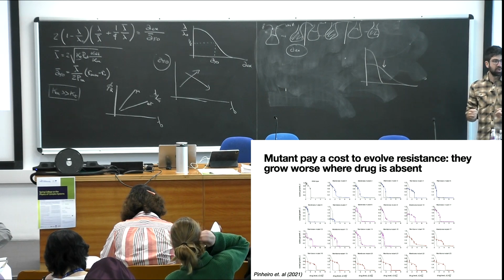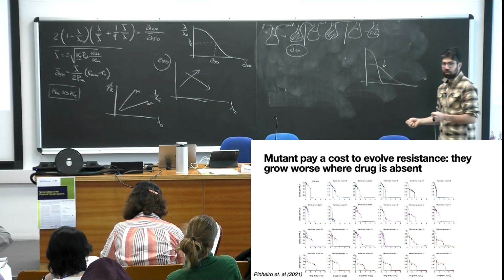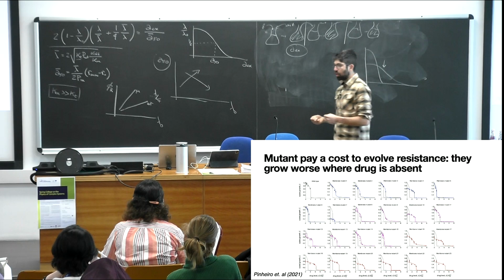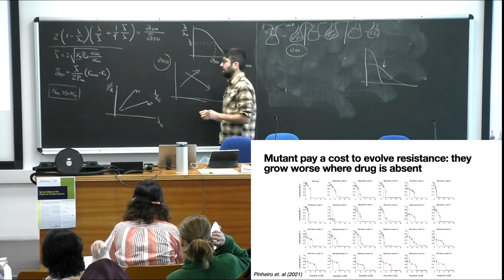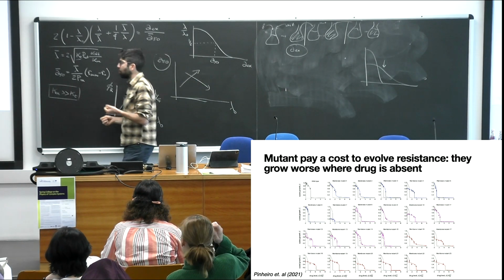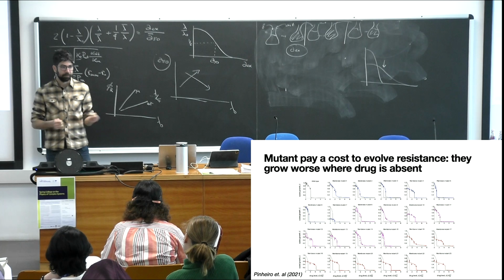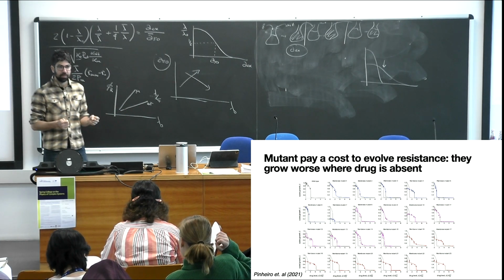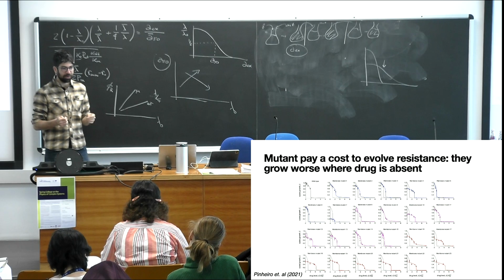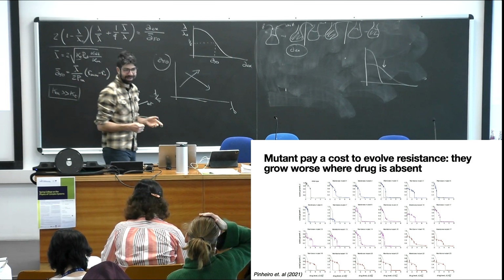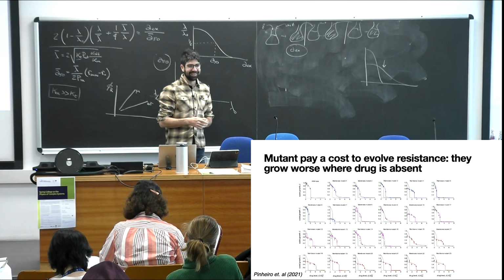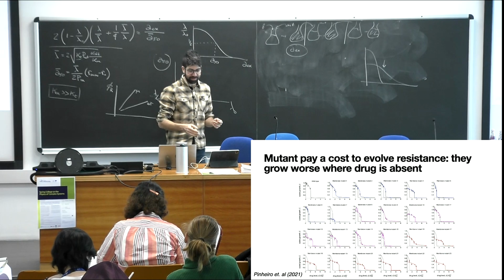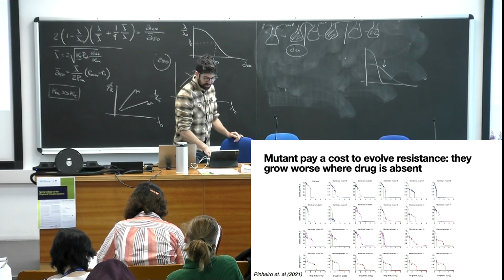Okay? So there is a benefit when you evolve the ability to grow in presence of antibiotics, but somehow you grow worse in absence of it. Okay? So there is a cost, a trade-off. We're going to answer that. I'm glad you are asking. Okay, this is exactly what we're going to answer.